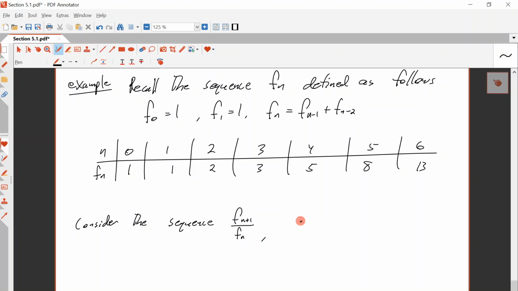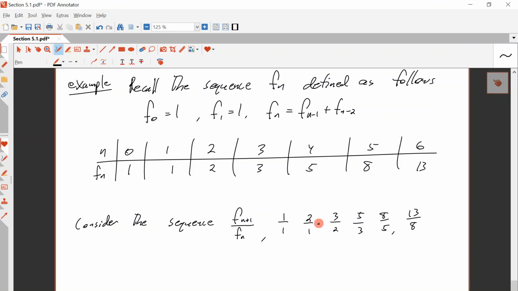So 1 over 1, 2 over 1, 3 over 2, 5 over 3. And what is this sequence doing? 8 over 5, 13 over 8. What is this sequence doing? Is it getting bigger or is it getting smaller?